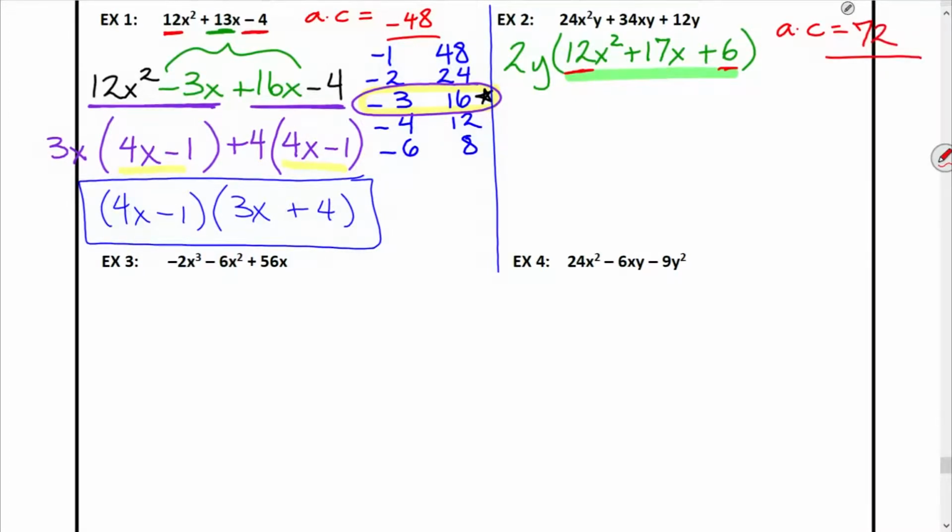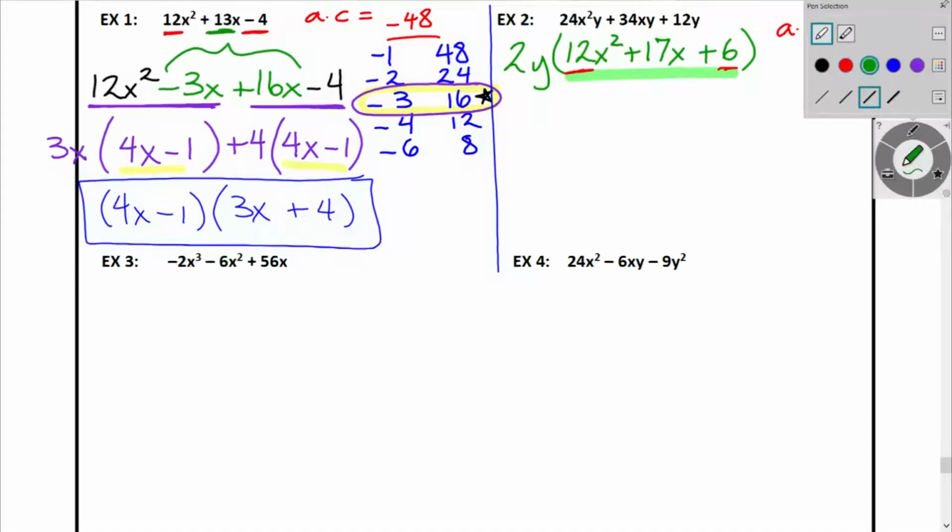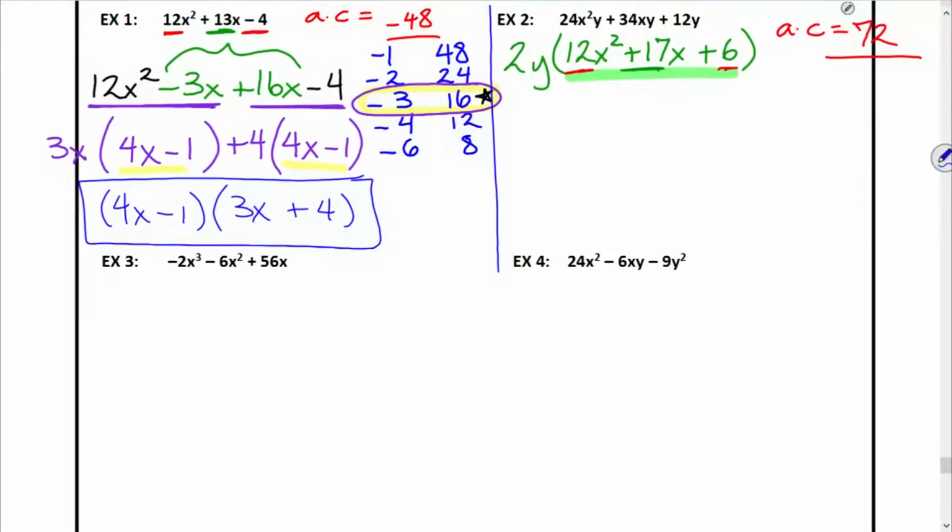I'm looking at factors of 72, and there's lots of factors of 72. So I'm looking for two numbers that multiply to be a positive number, so both must be positive or both must be negative. And they must add together to be a positive 17.